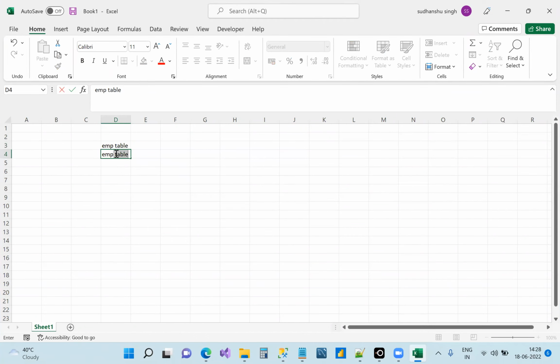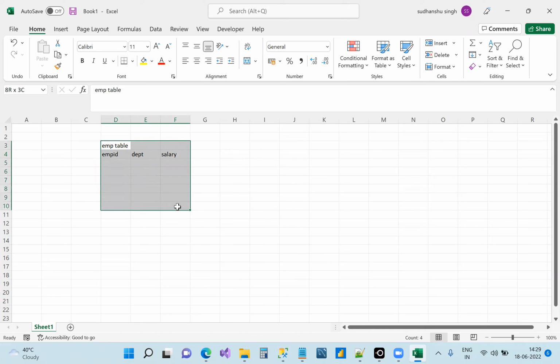This is employee ID and then department and then salary. So what I did right now, suppose I want to create a table, first I created a table name, isn't it? I told employee table. And then I told the column names, isn't it? So what are you doing right now when you're writing over here? You're defining it, isn't it? You're defining your table, when you're doing all these steps.